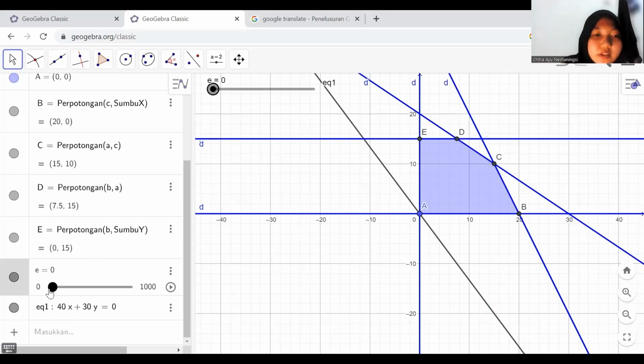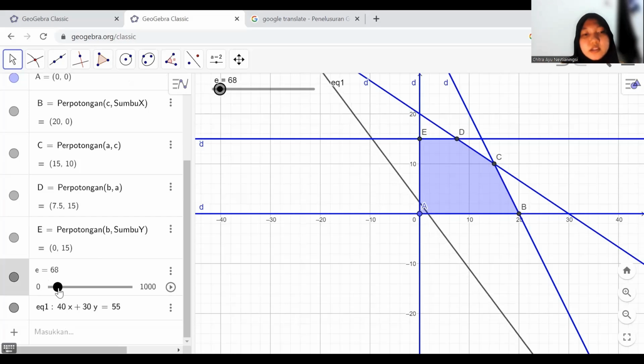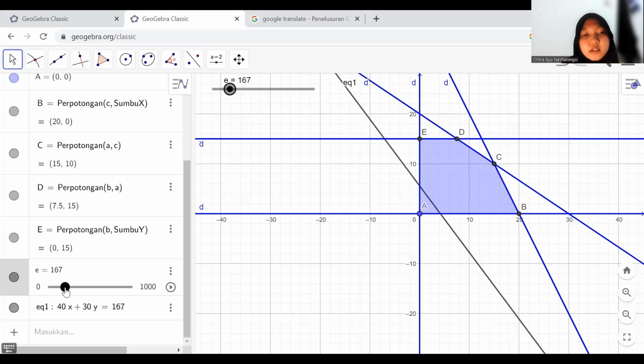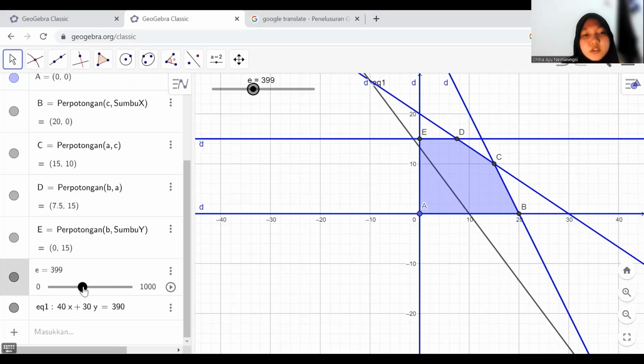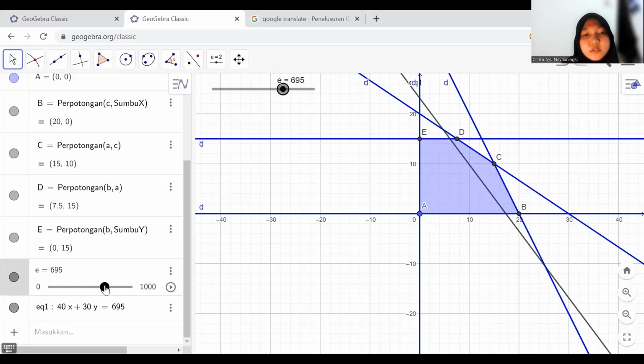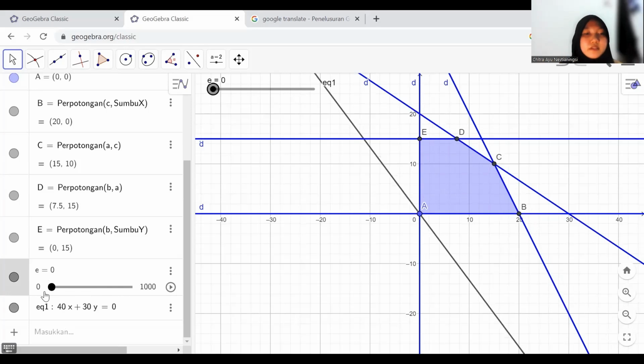So if we move the slider to the right side, the value becomes bigger than before. So we can determine the maximum profit, and we can know the number of each unit when the profit is maximized. At first, point A is 0.